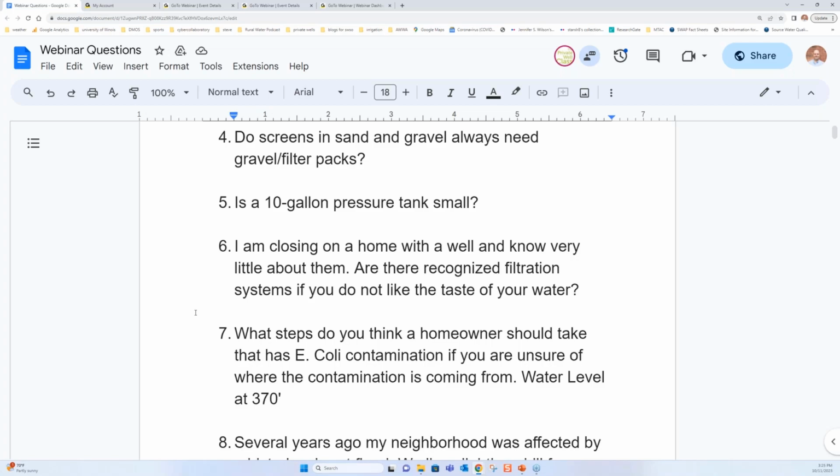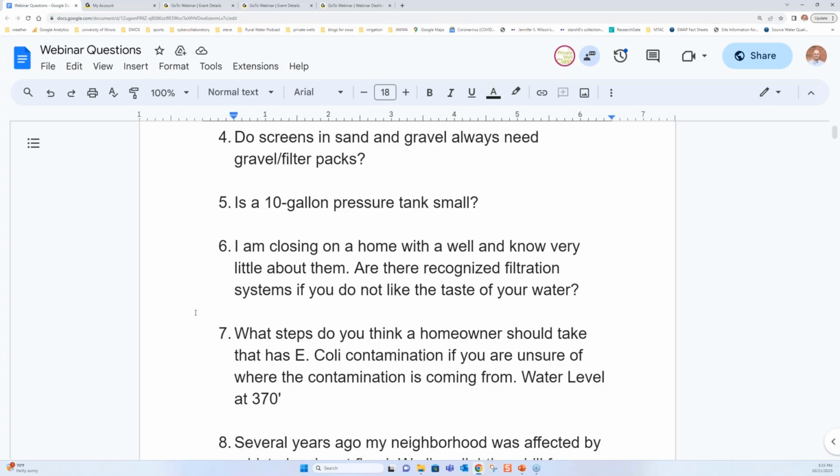The first thing to do is to shock chlorinate your whole system. I'd use the Minnesota guide I mentioned in lesson 10 to do that, and then test again and see if it took care of it. If not, then you want to start looking at what the possibilities might be, whether it's a well cap, whether there's a breach in your well.